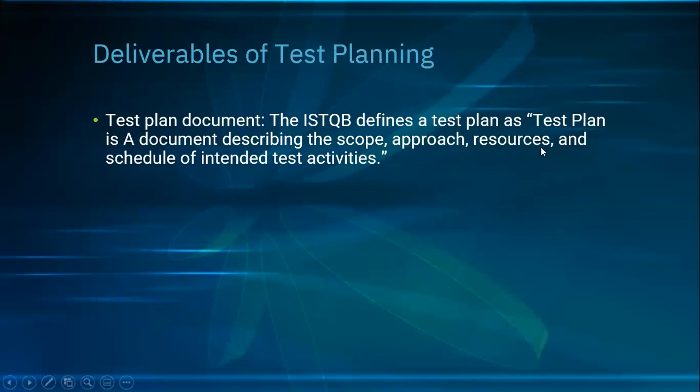All these things are in the test plan: features to be tested, features not to be tested, what is in scope, what is out of scope. All these are embedded in the test plan.